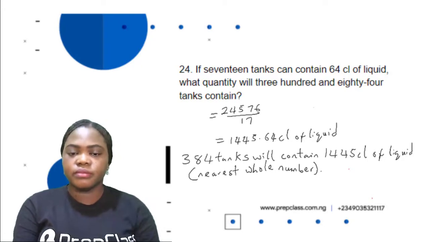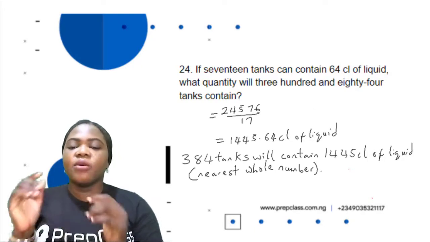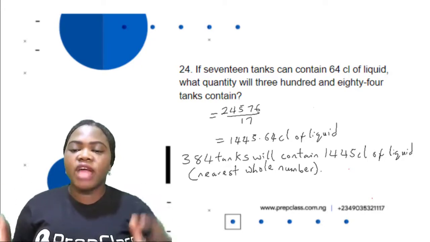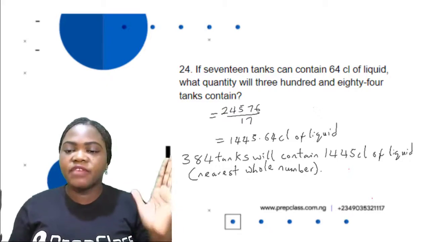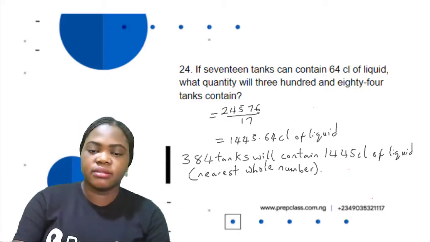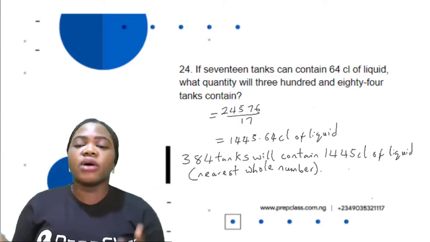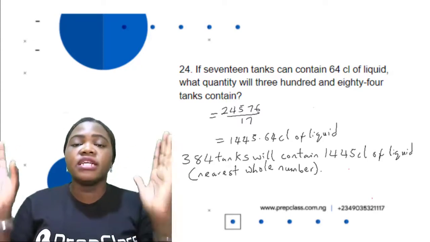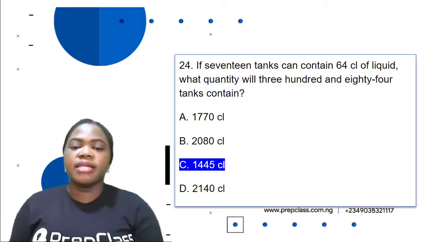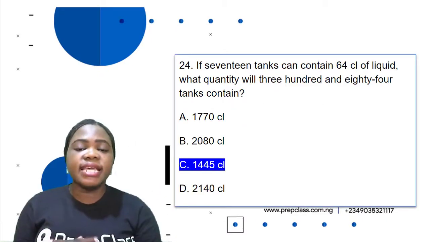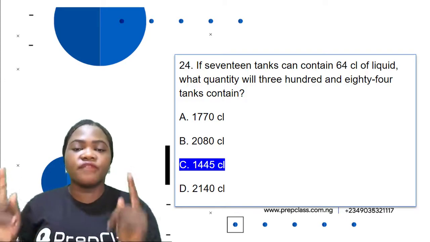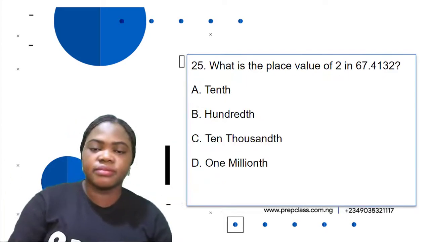So the answer is 1,445 cl. So 384 tanks will contain 1,445 cl of liquid. So the correct option is C, 1,445 cl.